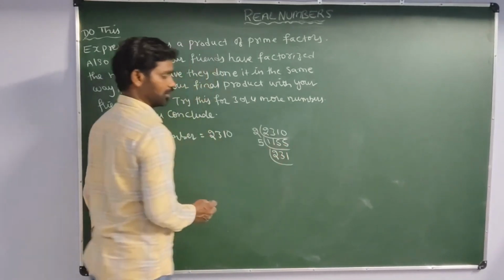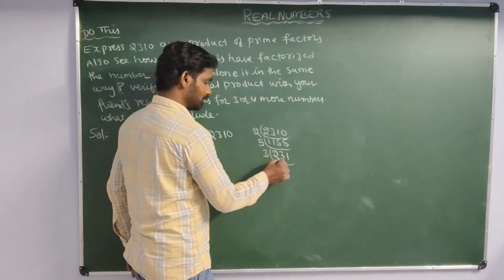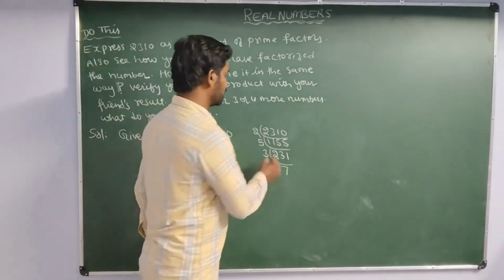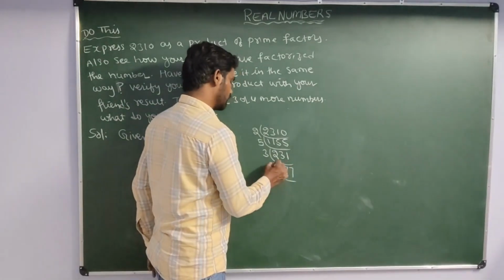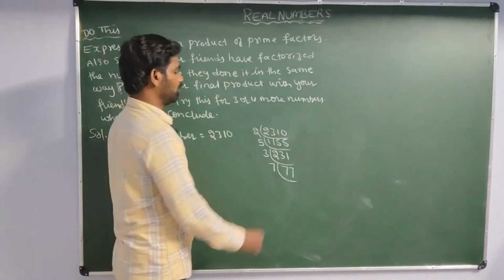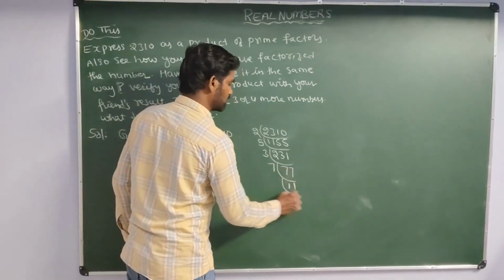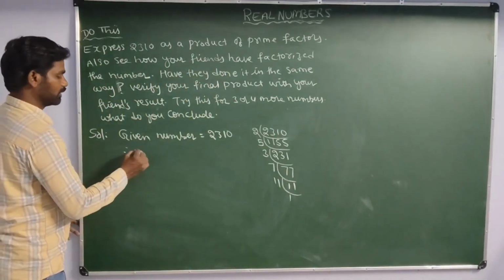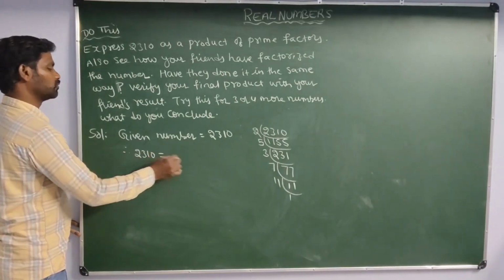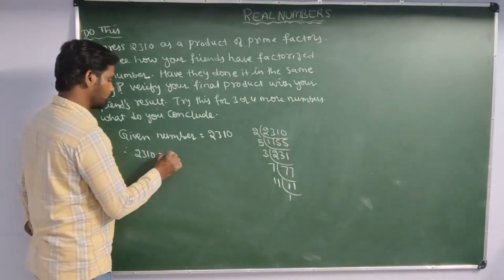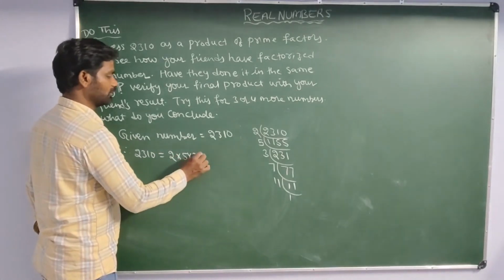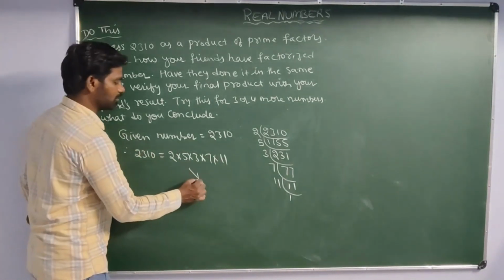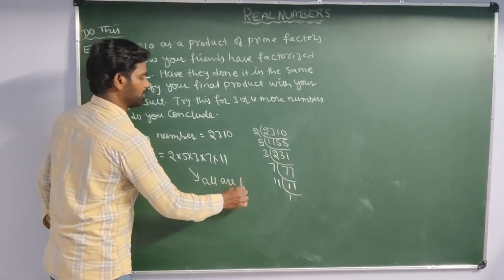Next 3 table, 3 sevens are 21, 3 sevens are 21. Now the number 7, 7 ones are 7. Next 11, 11 ones are 11. So therefore, we get 2310. The number 2310 is equal to 2 into 5 into 3 into 7 into 11. If you observe, all of these are primes.